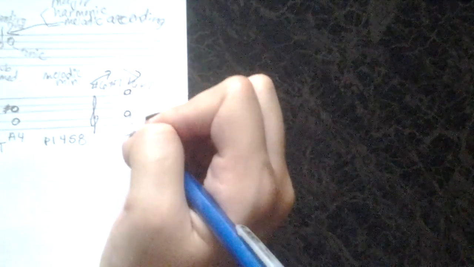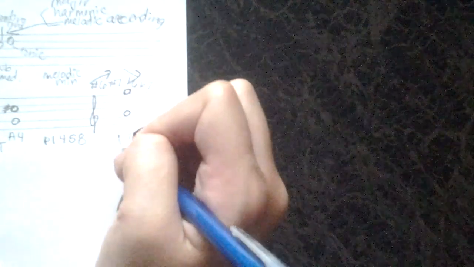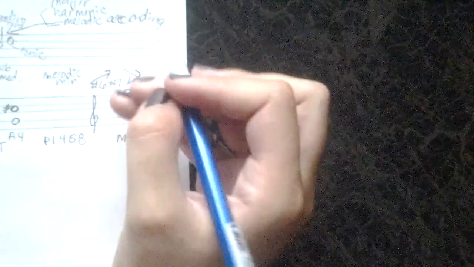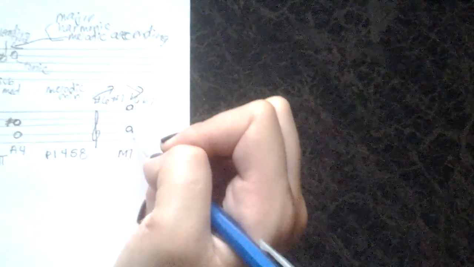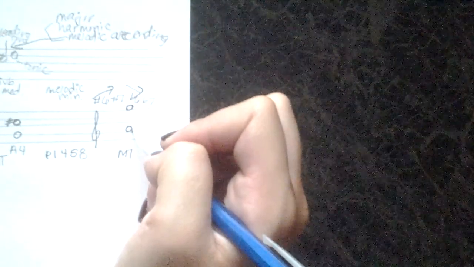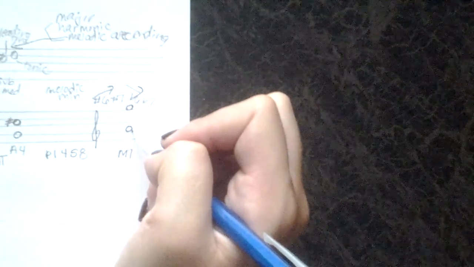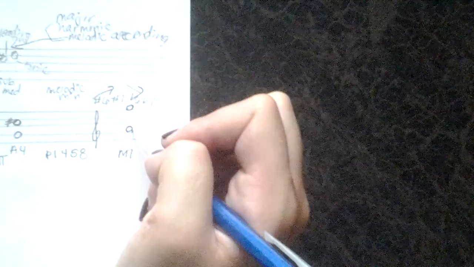And then let's look at the difference between major, minor, diminished, augmented. So if we're on A and we wanted a major seventh, then what we would do is we would look at the key of A, which has 3 sharps, which is F, C, and G.